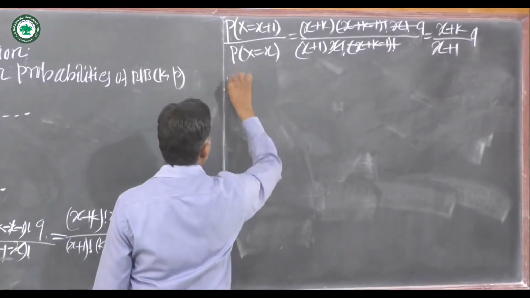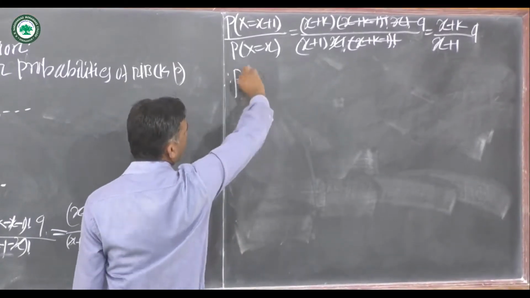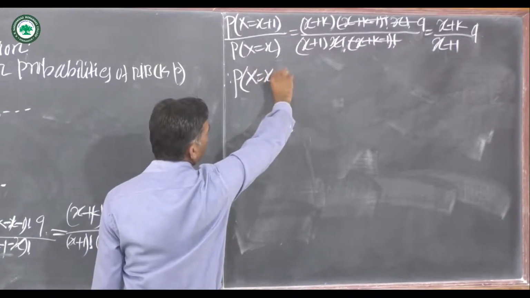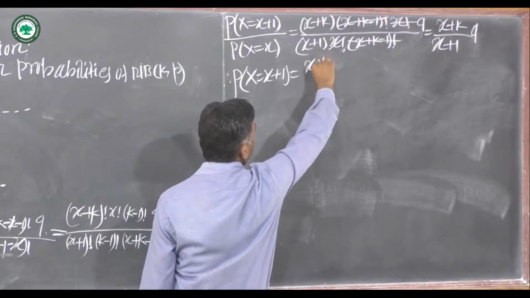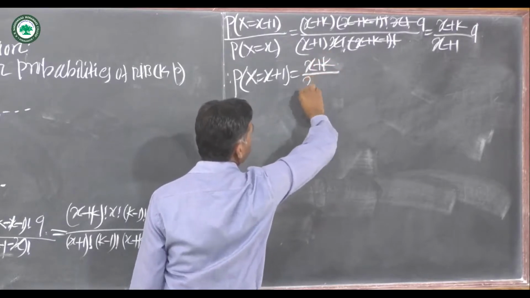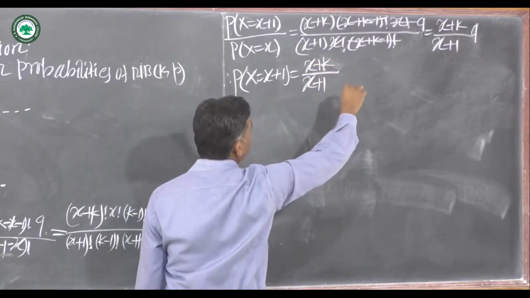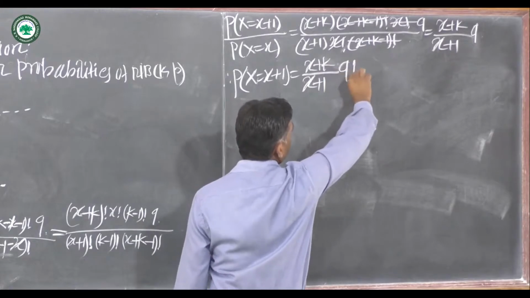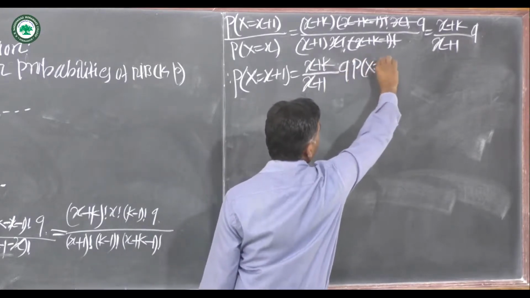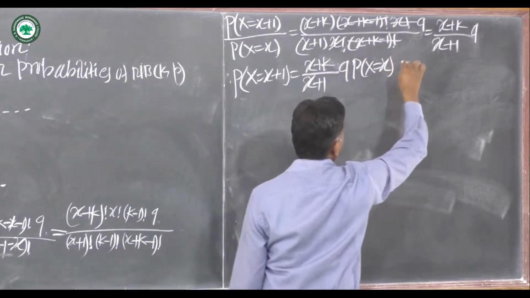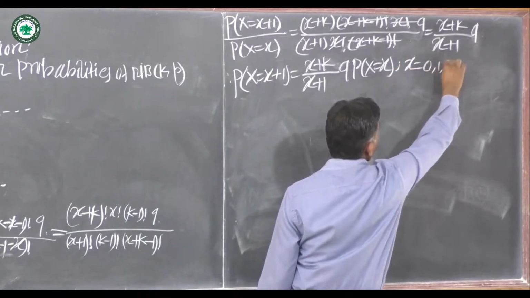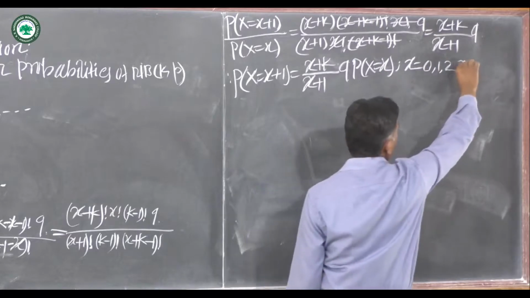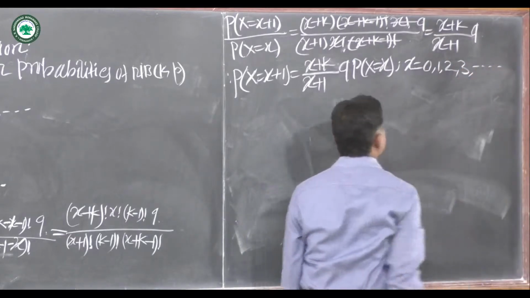Therefore, probability of X equal to x plus 1, which is equal to x plus k upon x plus 1 into q into probability of X equal to small x. Here x takes values 0, 1, 2, 3, and so on.